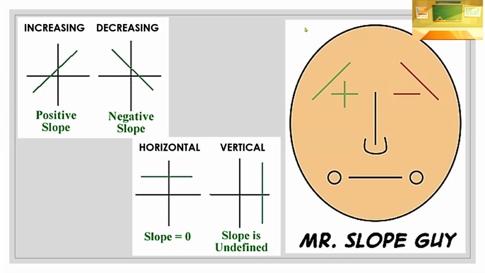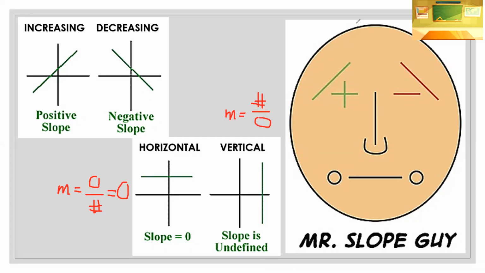So paano nagkakaroon ng slope na 0 at saka undefined? Kung meron kang m is equal to 0, divide nyo sa kahit anong number, yan ay 0. So ang itsura ng graph niyan ay pahiga. Pero kung ang slope nyo naman ay m is equal to any number divide by 0, yan ang undefined.